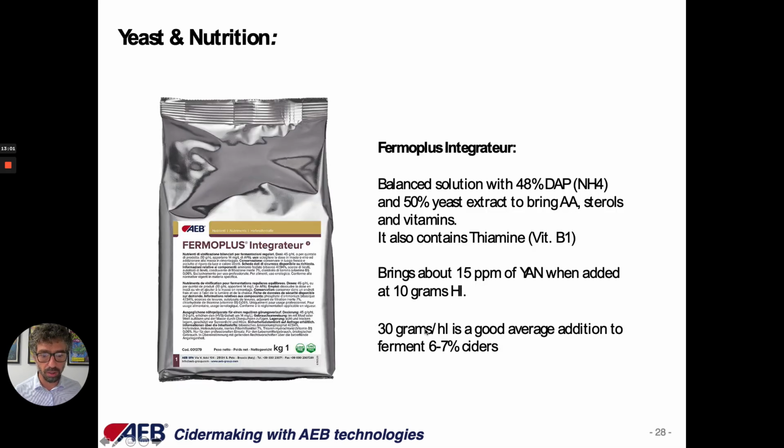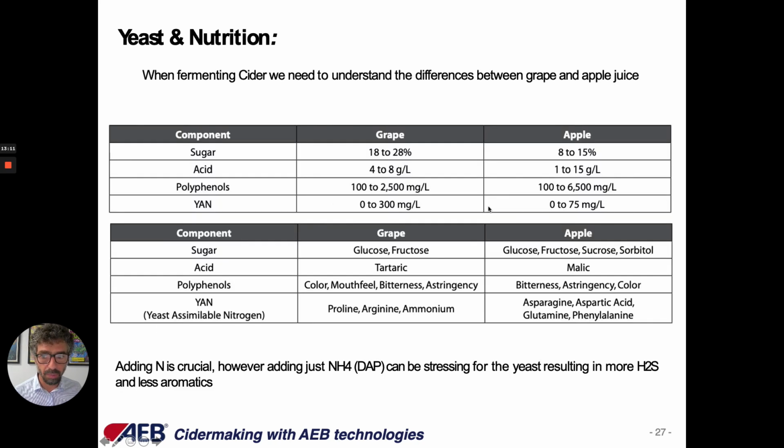Let's say with 30 grams per hectoliter, 300 ppm, you can comfortably ferment 6 to 7% cider. If you don't add this, in most situations, this amount of yeast available nitrogen will not be enough for the yeast to complete the fermentation. So you have a very sluggish, long fermentation. Whereas if you add the nutrient, obviously the yeast will be able to finish.